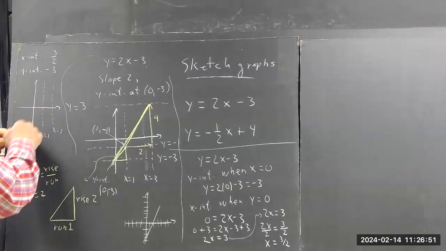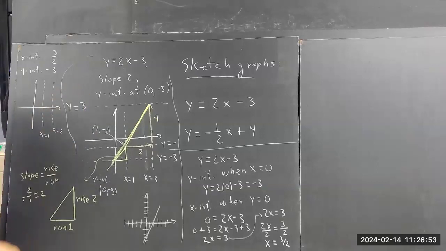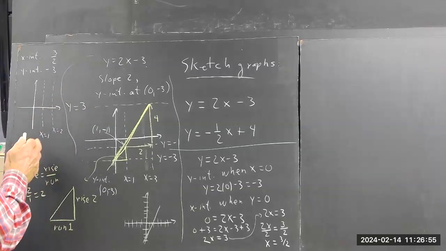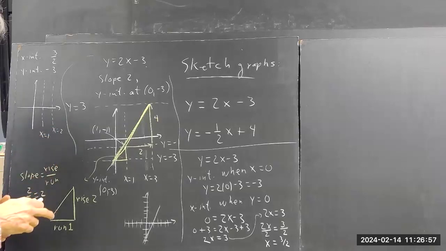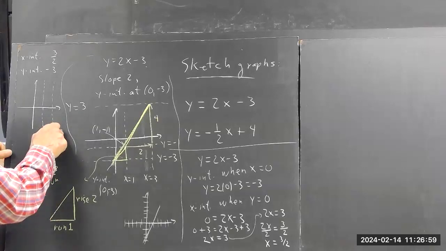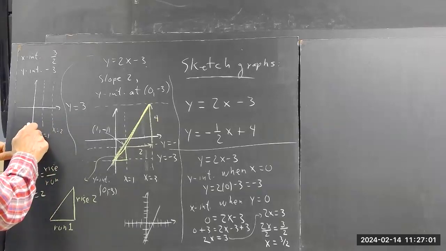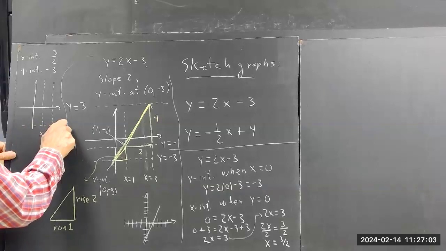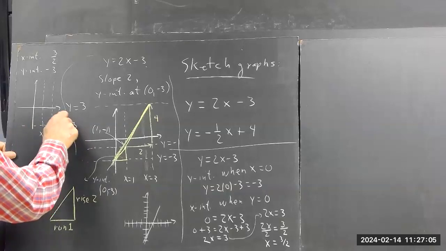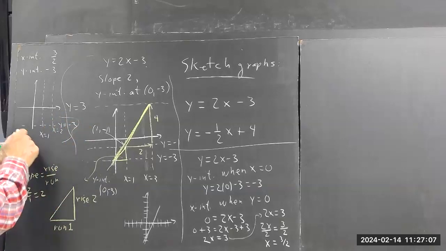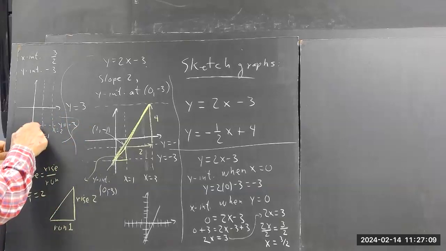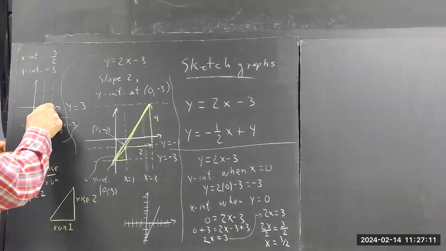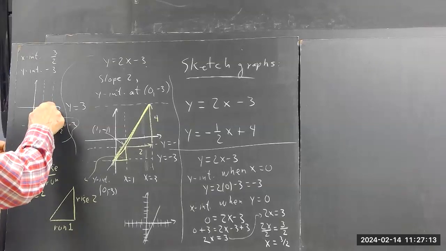If I put them here, then chances are my line's going to go through one of my numbers. Also, this reinforces what we mean by vertical line. And then if I say, okay, y equals -3 is down here. Then here's my y-intercept. And here's my x-intercept.